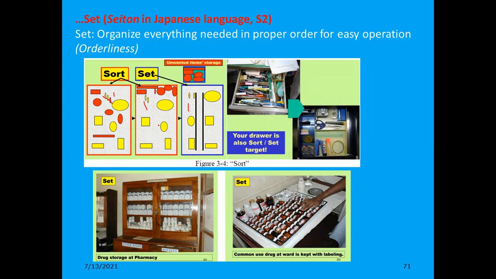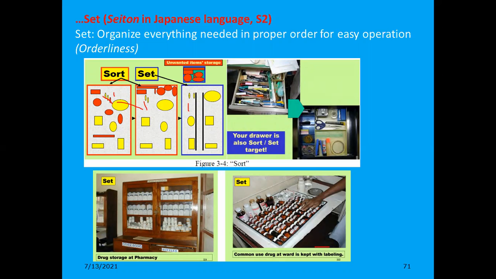Next, drug storage at pharmacy. See the example of setting, how the drugs are arranged accordingly. Next, common use drugs at wards kept with labeling. This is one style of setting, writing the names on the labels and stickering them.